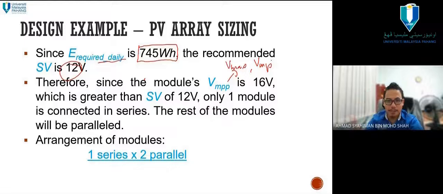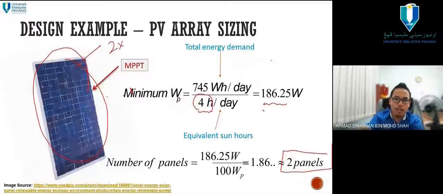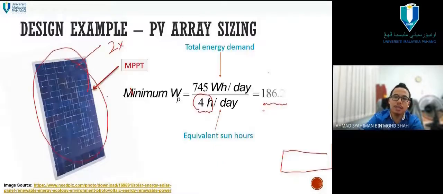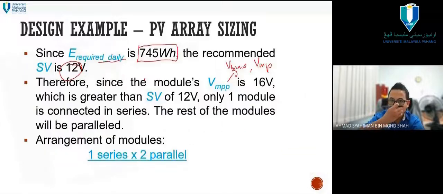I repeat, the VMP of this module is 16. It is greater than the system voltage of 12 volts. Only one module is connected in series.